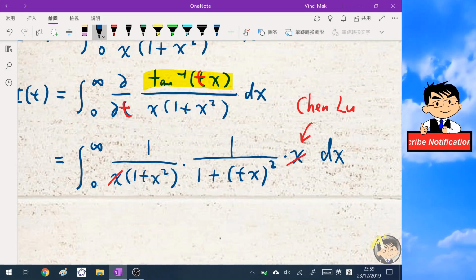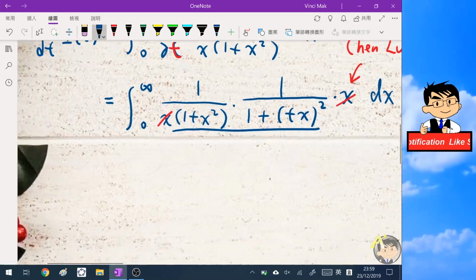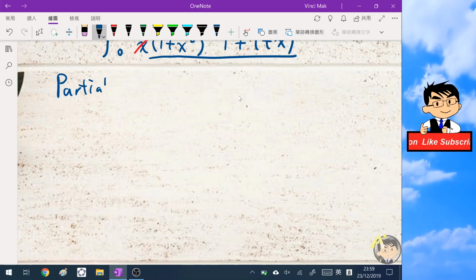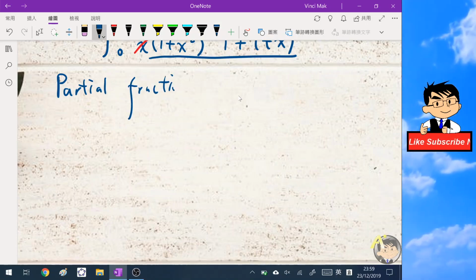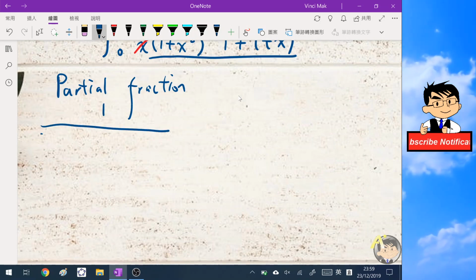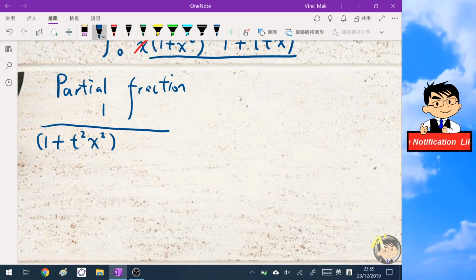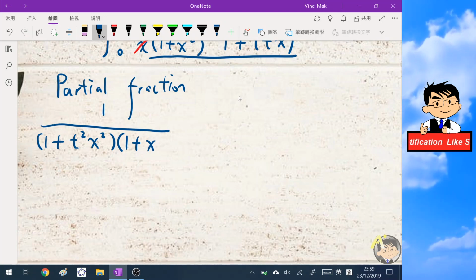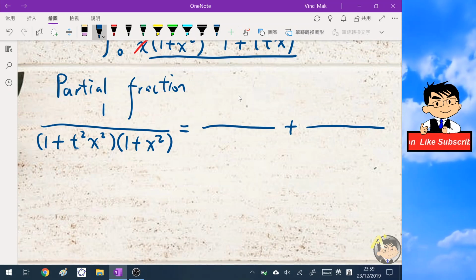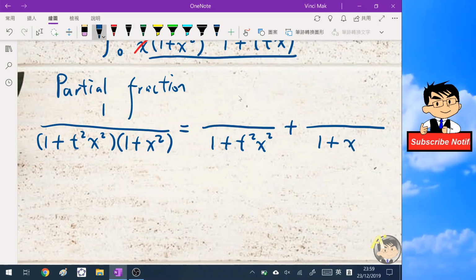So now we are left with the product of two fractions, and we need to do a partial fraction. So let's do the job. Partial fraction, I write it down. So now I will split the fraction. I copy it again. I multiply out 1 plus t squared x squared multiplied by 1 plus x squared. So I will split the fraction into two parts, which are these two expressions.